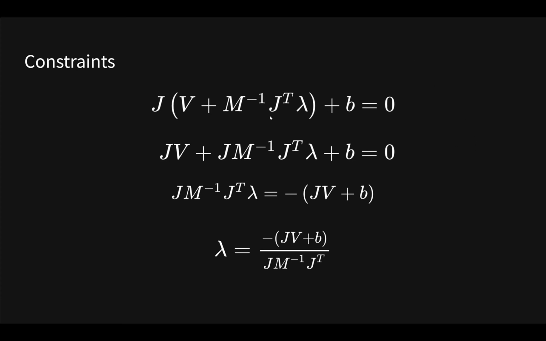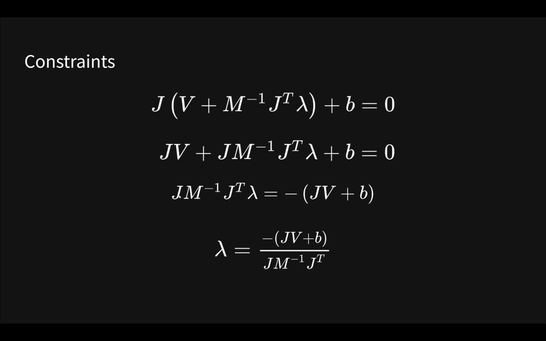So we substitute delta V with that expression, and we want to solve for lambda now. We can do this by, first of all, expanding this. So we get this formula here, and then we subtract JV and the bias term from both sides.